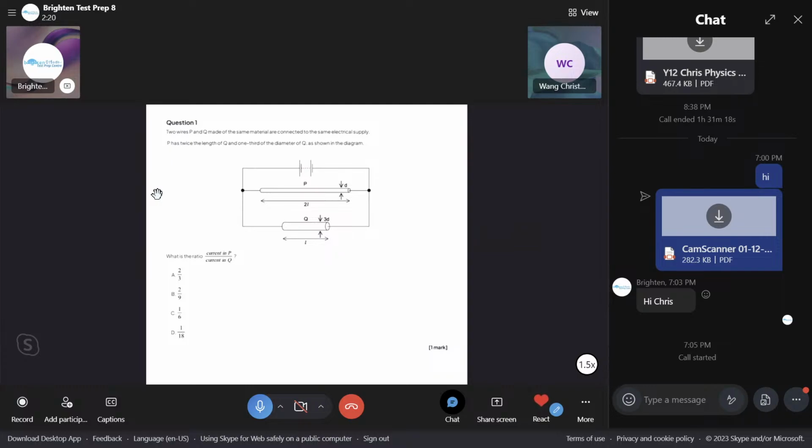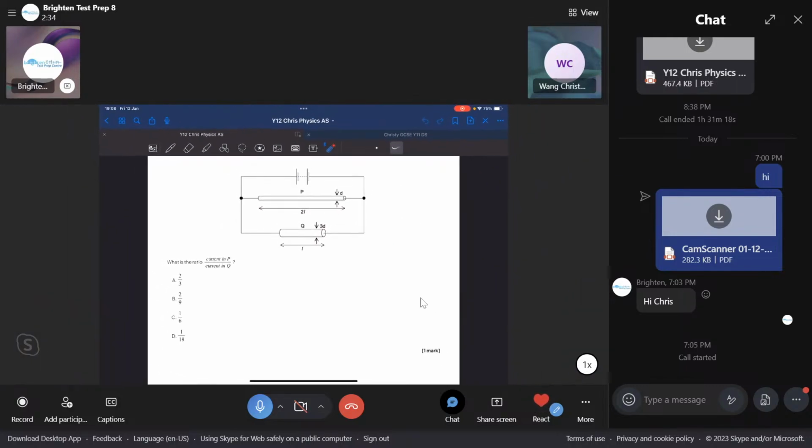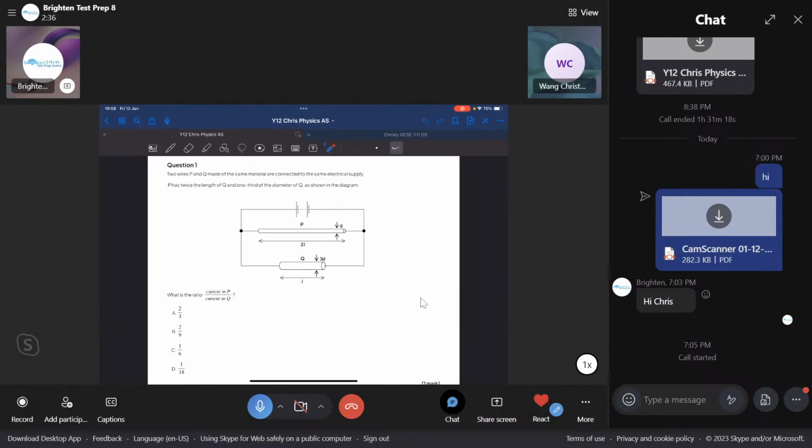So the resistance of P is 2/9 of the resistance of Q. Okay, let me see, I have to make that a bit bigger. And why is that like that? Because P has twice the length. That means on top, they're the same material, so the resistivity is the same.